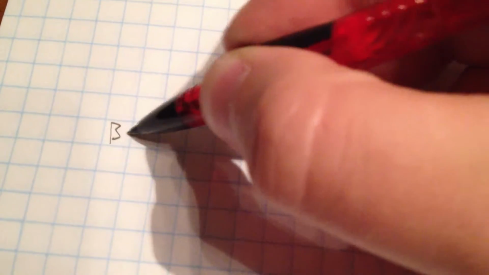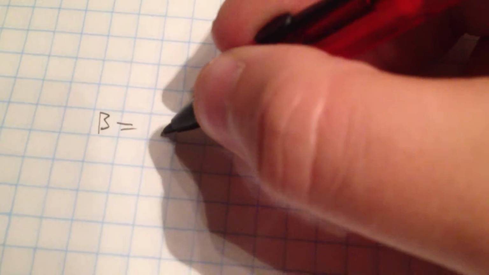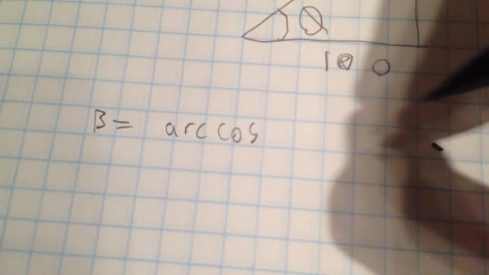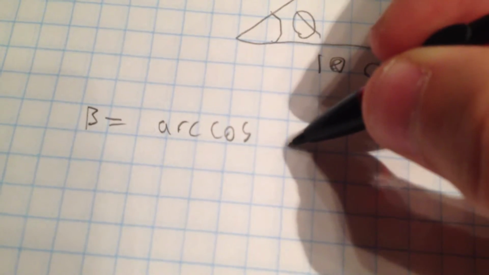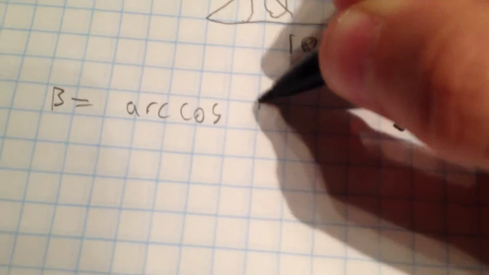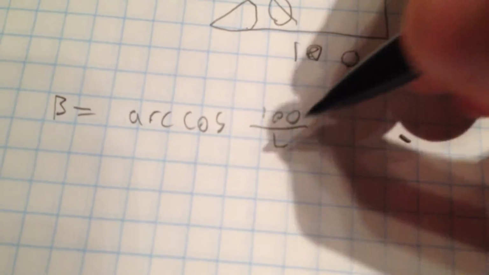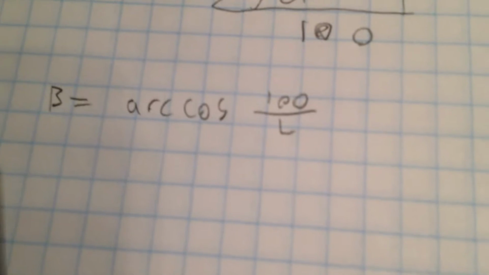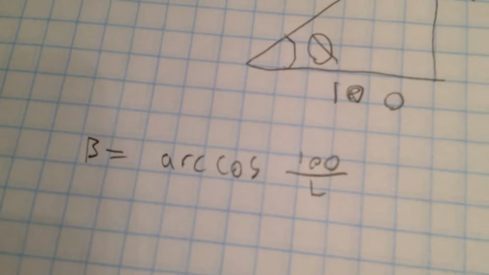So for B, all we have to do is arc cosine of 100 over L, that's right. So this is basically the opposite of a cosine.